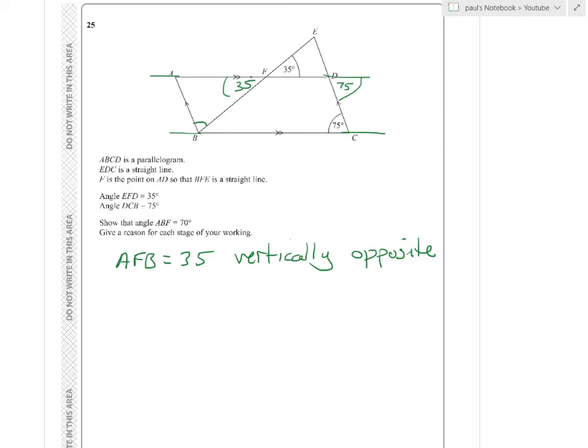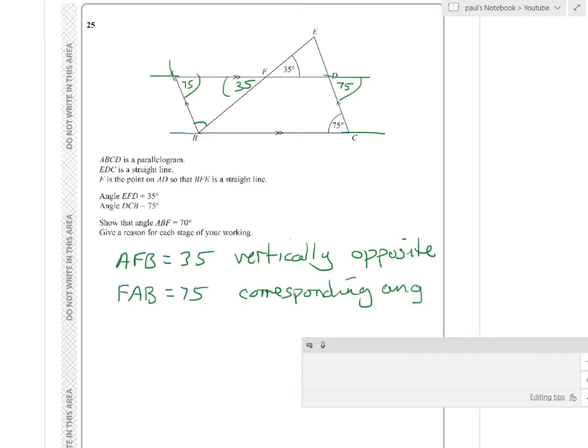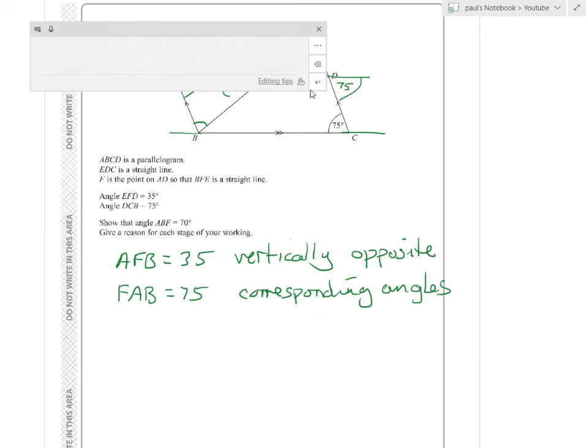So FAB will also be 75, because this and this are parallel lines. So FAB is 75. That's corresponding angles.